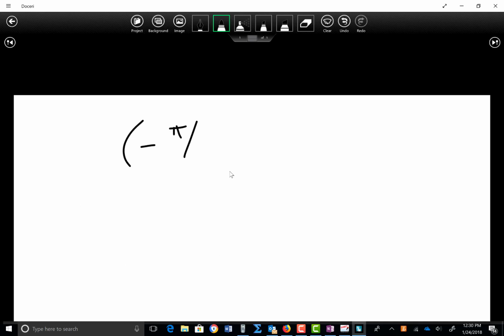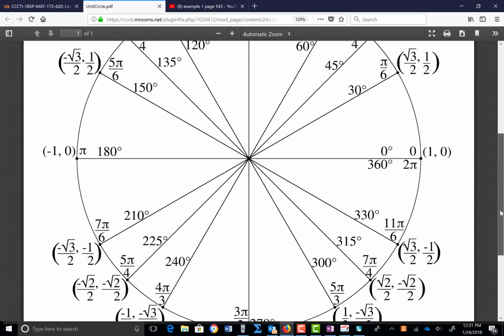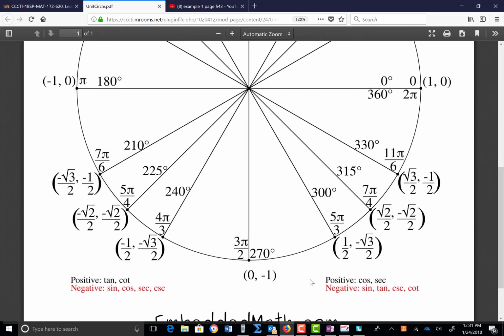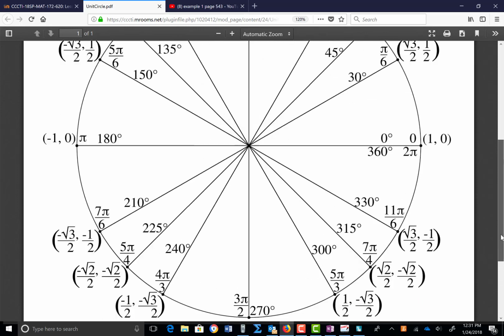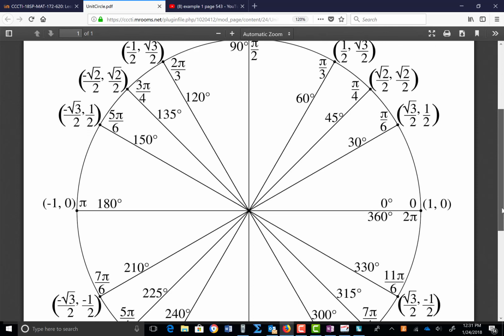Negative pi over 2 to pi over 2 has parentheses around it, and from 171 you learn that that means these two endpoints are not included. So it's everything on my unit circle, not including the negative 90 and the 90 because tangent's undefined there. So it's this bottom half from negative 90 all the way up to positive 90. So it's the right side of the unit circle.